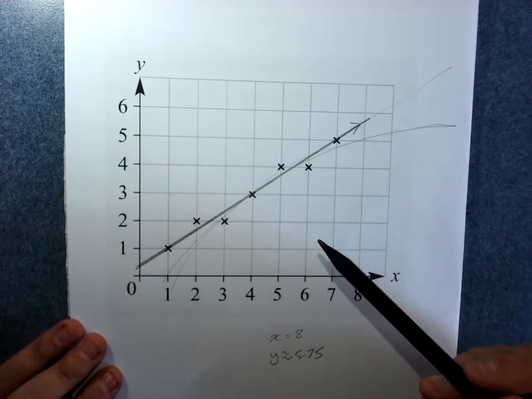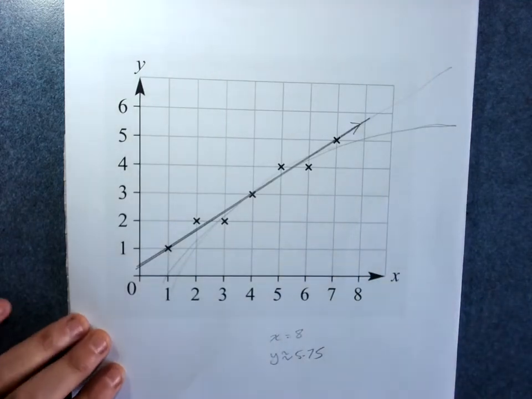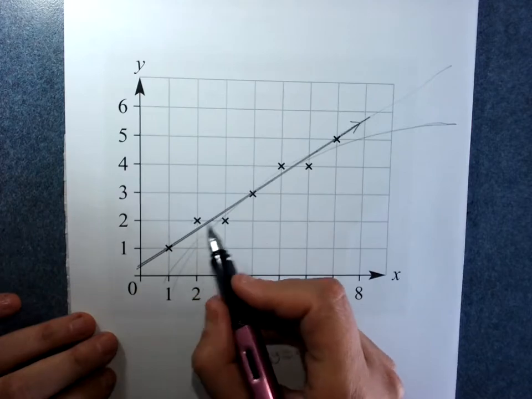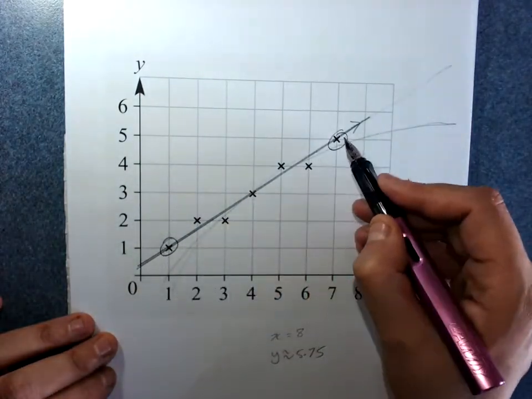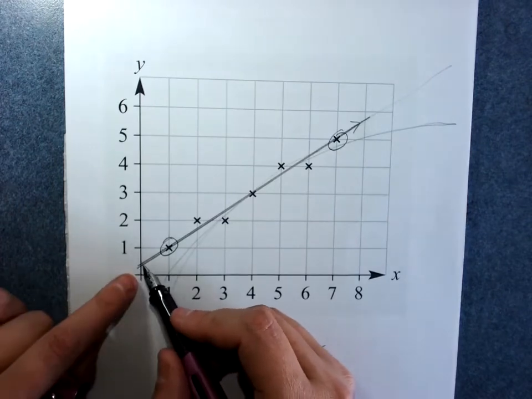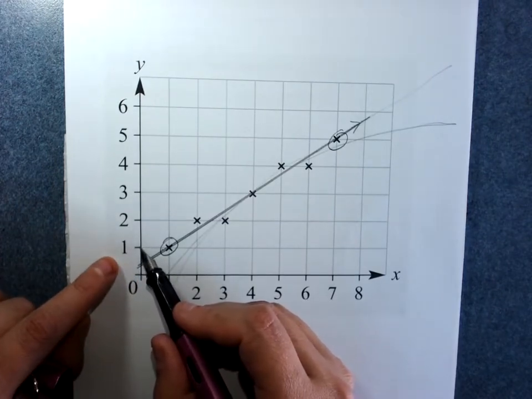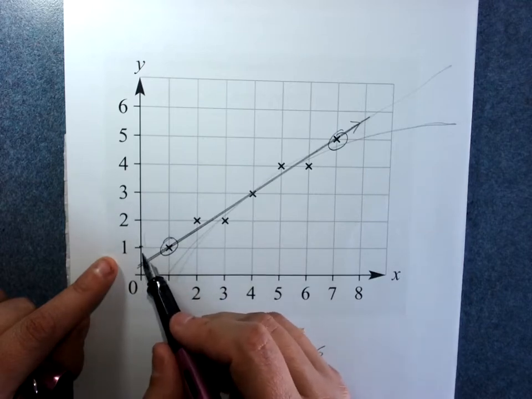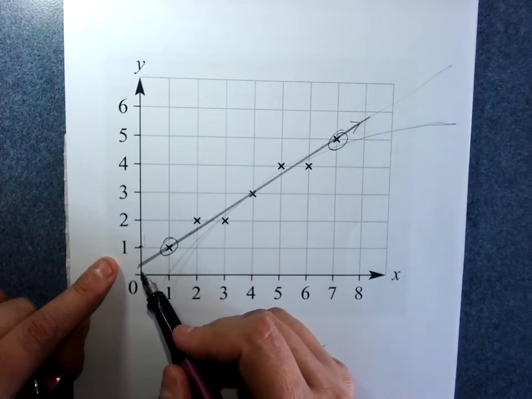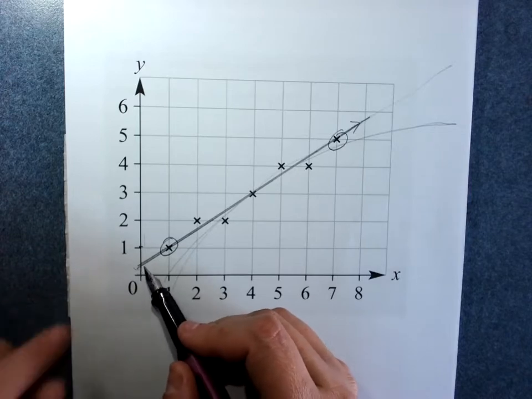You want to find 2 points that are on the line. So we'll use this one and this one, but any of those 3 points would be fine. If the line crosses on a gradation, like if it crossed the x-axis or y-axis at a number, you could use that, but don't go trying to estimate this point here.